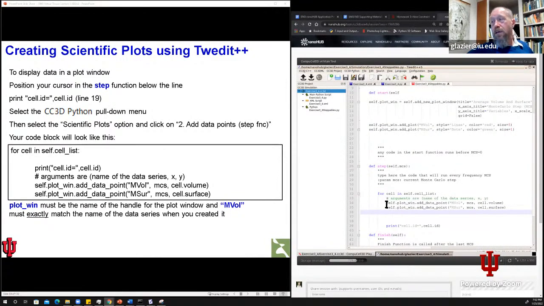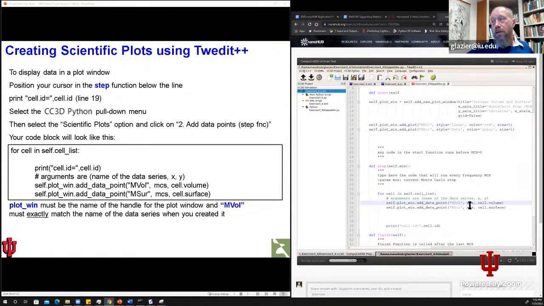And here it puts in self.plotWindow. That's a reference to plot window here. If I had two plot windows, I could call them plot window 1 and plot window 2. I could have as many as I wanted. And then I'm going to add a data point. And I have to tell it where to add it. mVolume has to match up with mVolume up here.